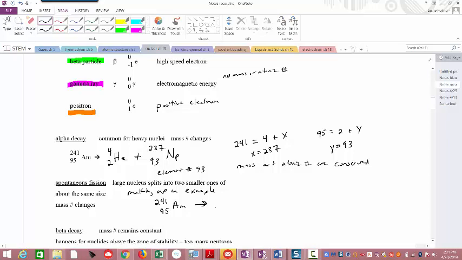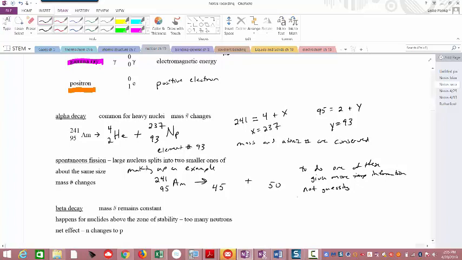So that could split into the elements that have mass of 45 and 50, about the same size. Okay? To do one of these, you'd be given more information so that you're not guessing like I am here, but I'm just giving you an idea.